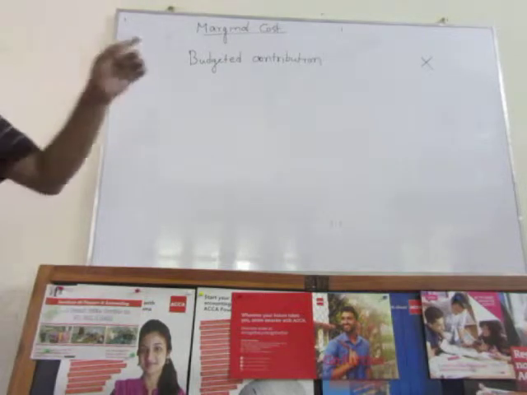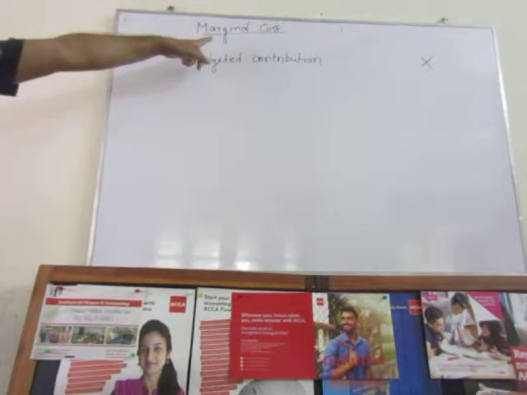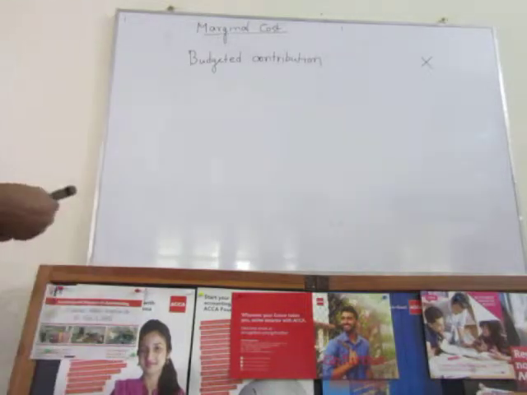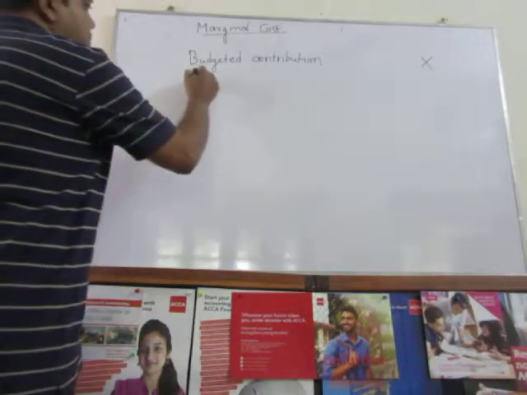Suppose budget contribution is this one. তাহলে absorption costing আমরা শুরু করছিলাম কিন্তু budgeted profit দিয়ে. But in the case of marginal costing, we'll use budgeted contribution. তাহলে budget contribution যদি হয় sales volume কোনটা নিব?